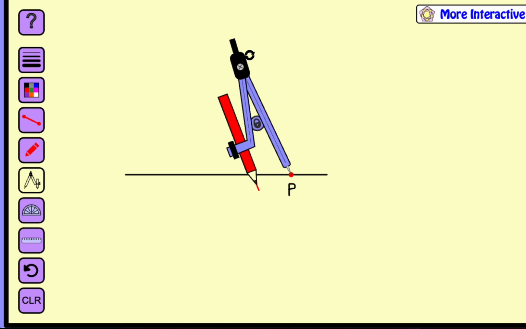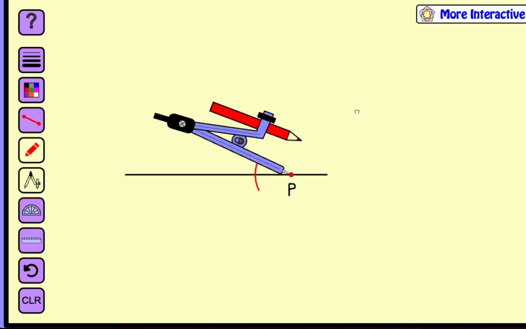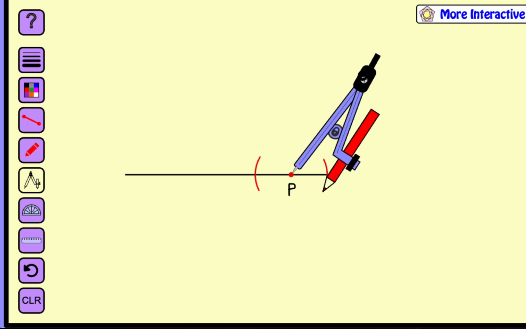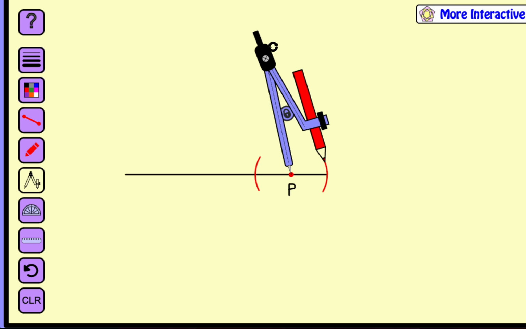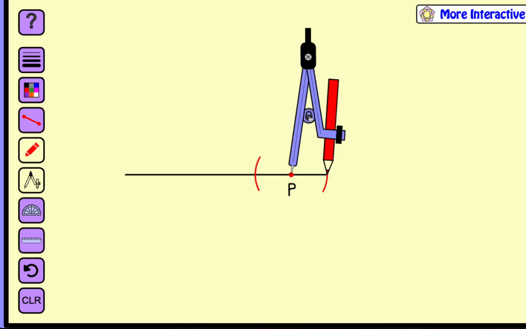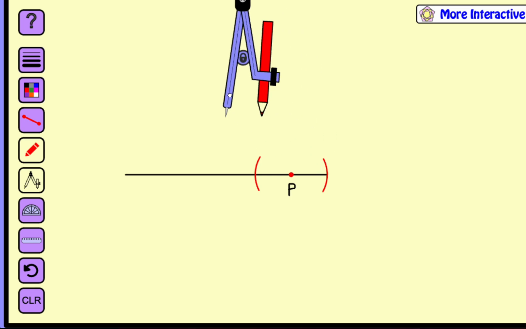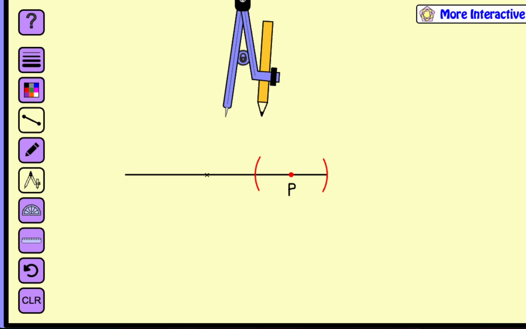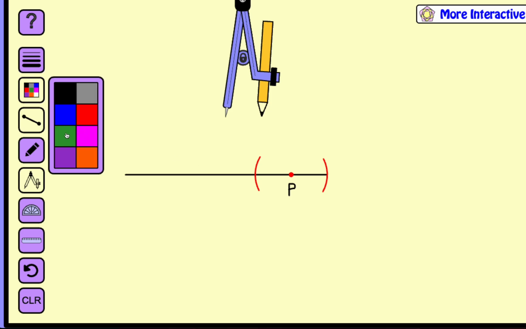So I'm going to make one on this side, and then if I go over to my other side, I'm going to make that arc again. Now, in this case, I got lucky. However, if I went a little bit shorter on my reference line, the arc wouldn't intersect, but that is no big deal because you can always extend your line, and I'm going to do this in green just so you can see that it's an extension.